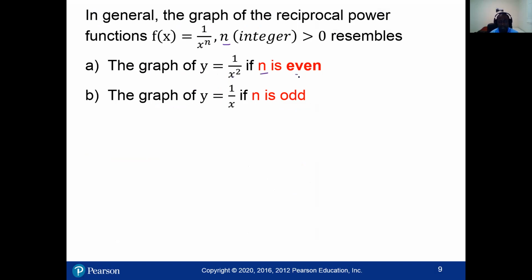In other words, it's going to be symmetric with respect to the y-axis, with no x and y intercepts, and the y-axis and x-axis act as the vertical and horizontal asymptotes respectively. On the other hand, if n is odd, then it resembles the graph of y equal to 1 over x, as we explained.